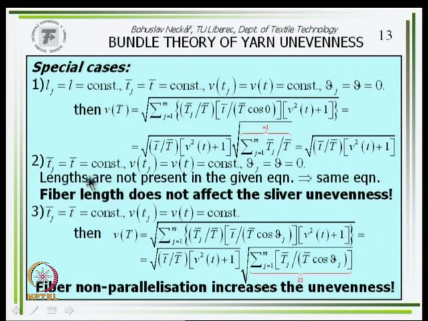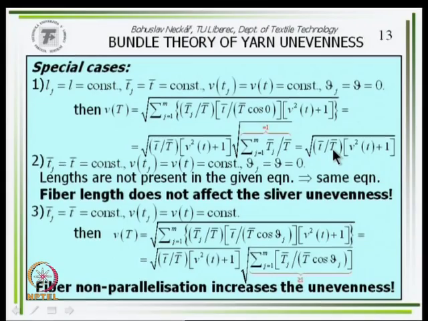Second case: mean fiber fineness is the same, the coefficient of variation of fiber fineness is the same for each partial sliver, angles are the same and equal to 0. Nevertheless, I said nothing about the fiber lengths. Maybe each partial fiber sliver has another fiber length. Nevertheless, the length is not in our equation, and the coefficient of variation is not changed.